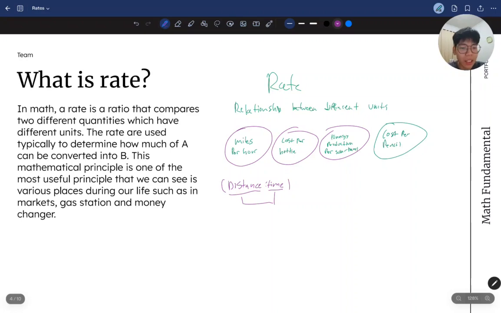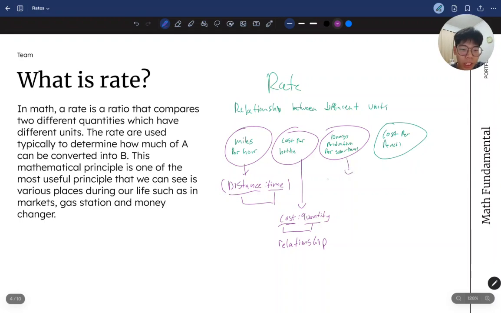They are not the same things. Secondly, this is the relationship between cost and quantity. So per bottle, how much does it cost? It's also a relationship. That's the important keyword: there is a relationship between 1 and 2.